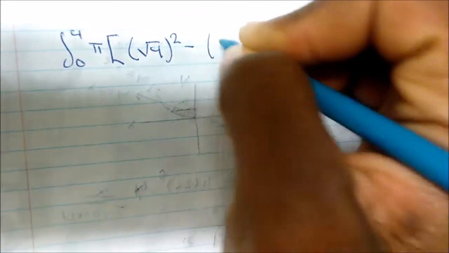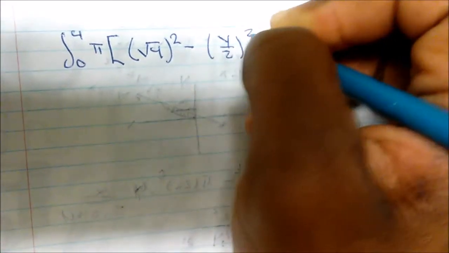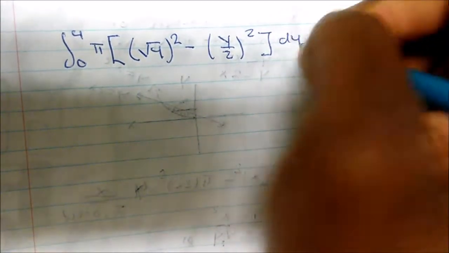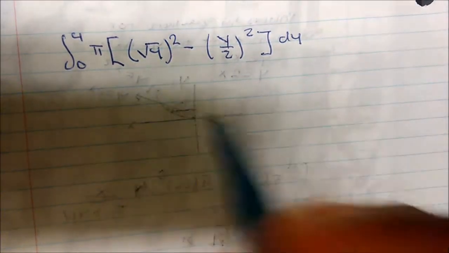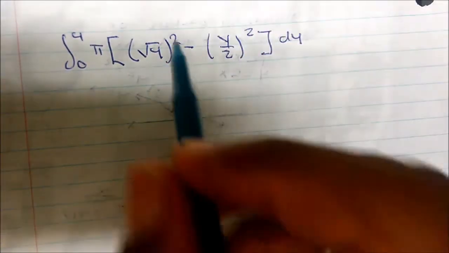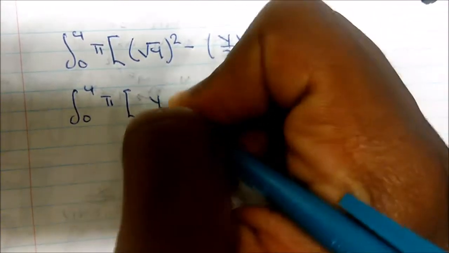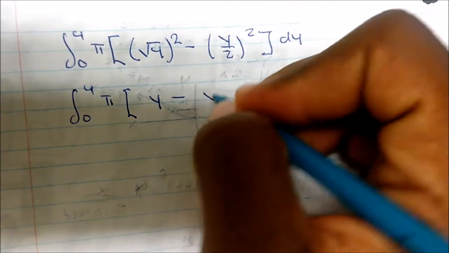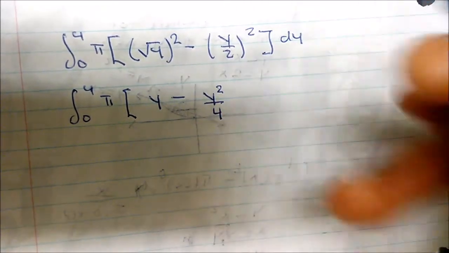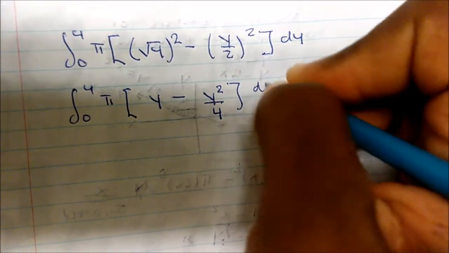That's the square root of y, squared, minus y divided by 2, squared, dy. Okay, so let's do the integration now. The square root of y, squared, that just cancels. This is the integral of pi times y minus y squared divided by 4, and this is all dy.